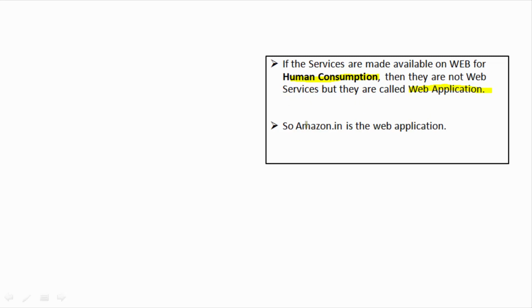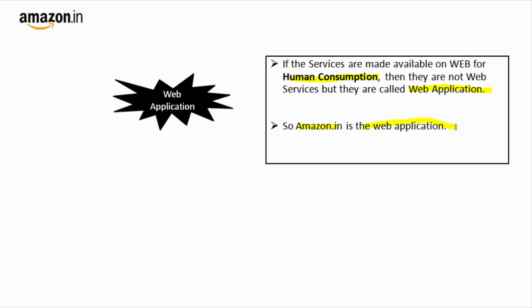So Amazon.com or Amazon.in is a web application, not a web service, because the key word over here is whose consumption you are making these services for. If it is for humans, just like you and me, sitting behind computers and trying to access these services, then these are web applications, not web services.